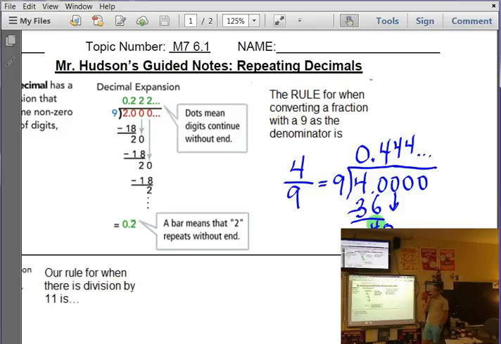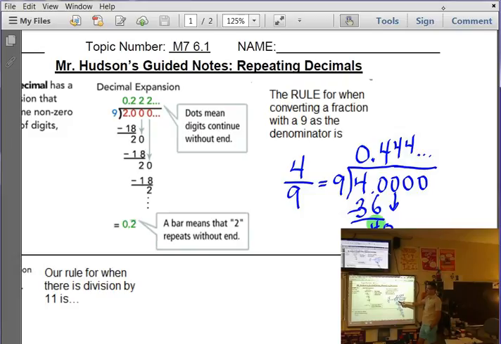Izzy? How many times does 9 go into 1.6? This is no longer 4.